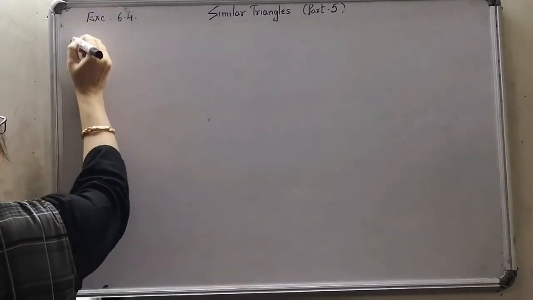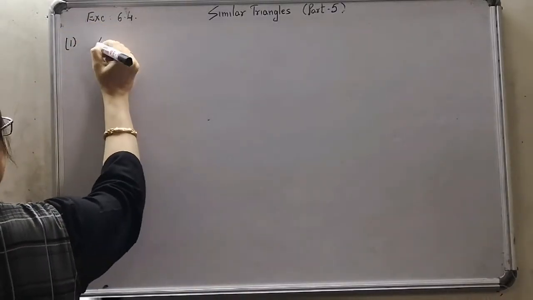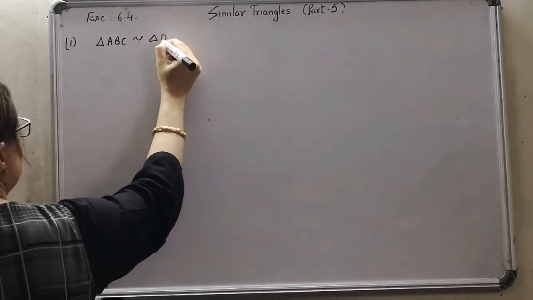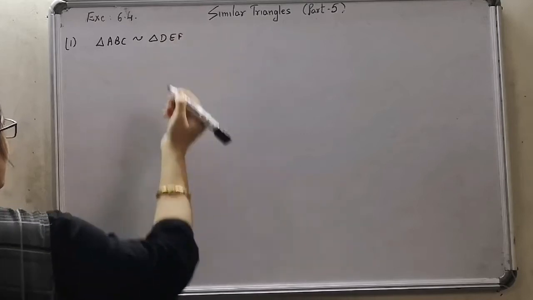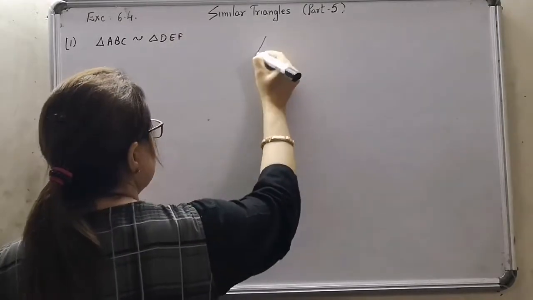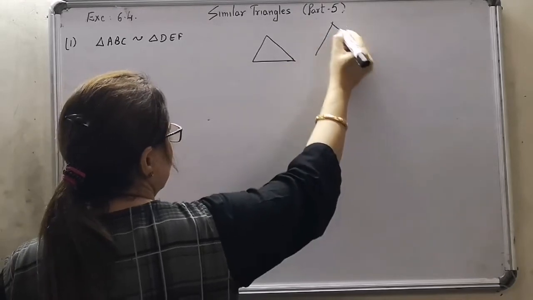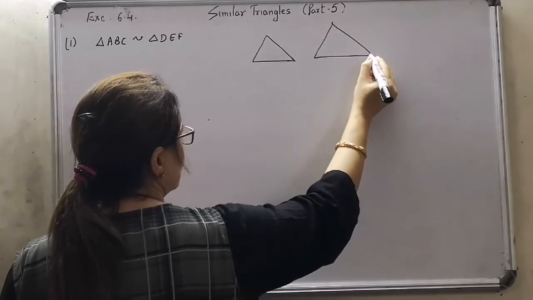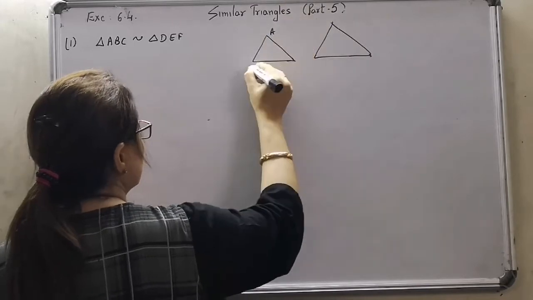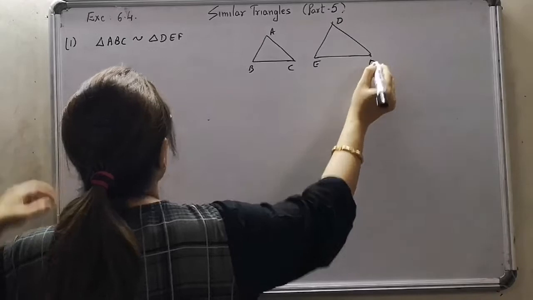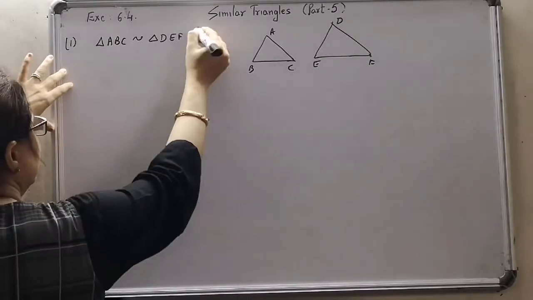So this is question number 1 of exercise 6.4, and we are given triangle ABC is similar to triangle DEF. If you feel like, you can draw the figure, otherwise it is not essential in this one. We can do it without the help of the figure. And if we are drawing it, we should try to make the figures which should look like similar triangles. These two triangles are similar, given.